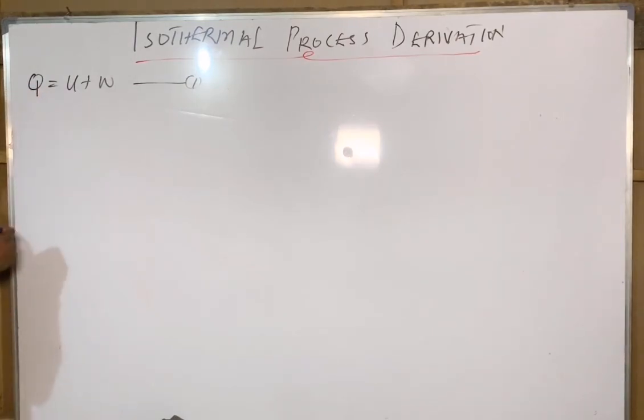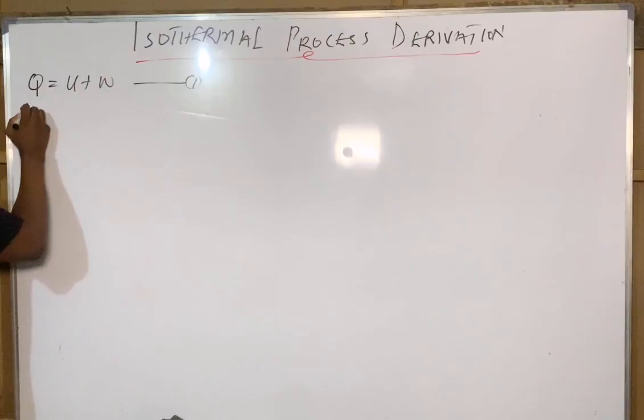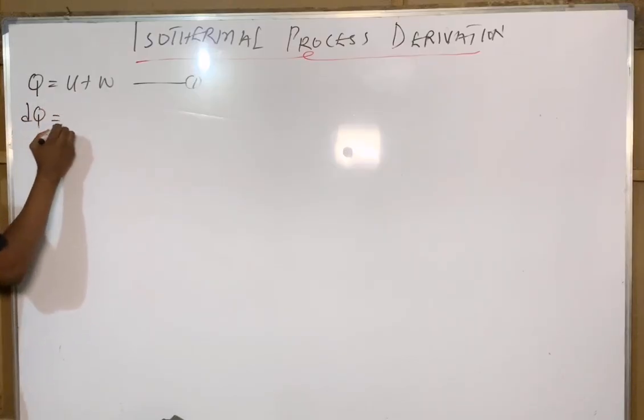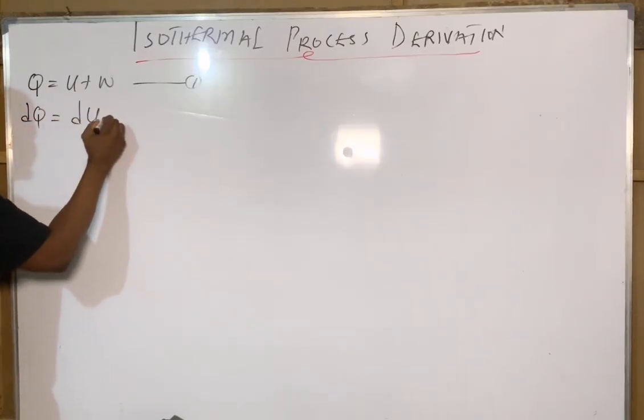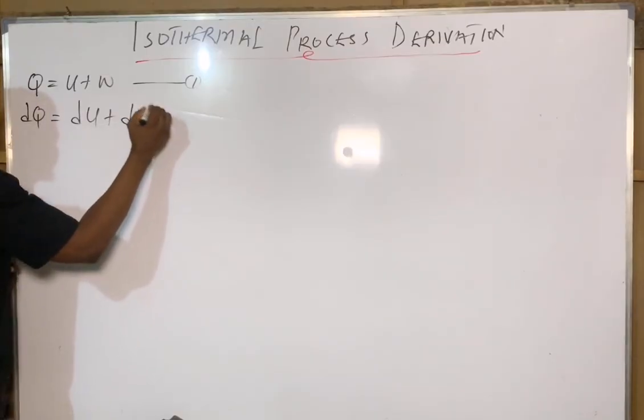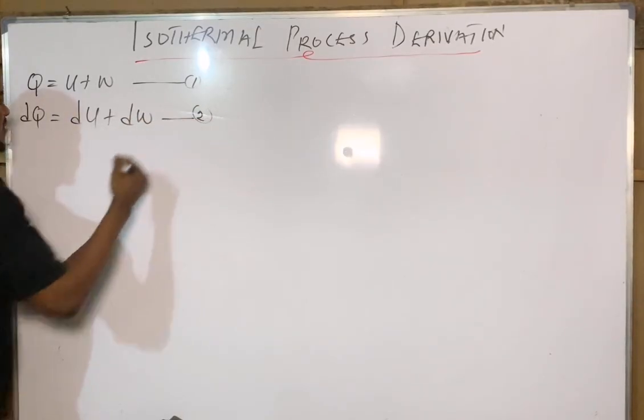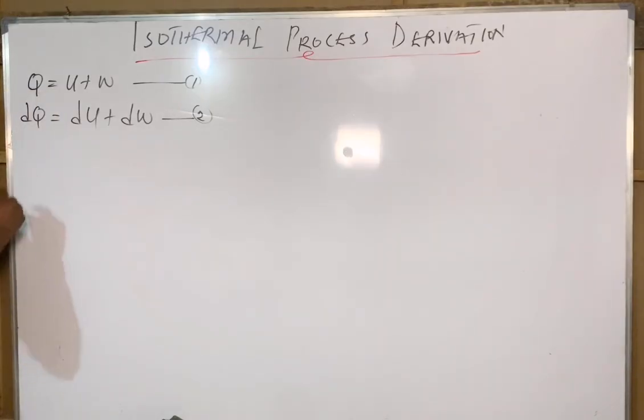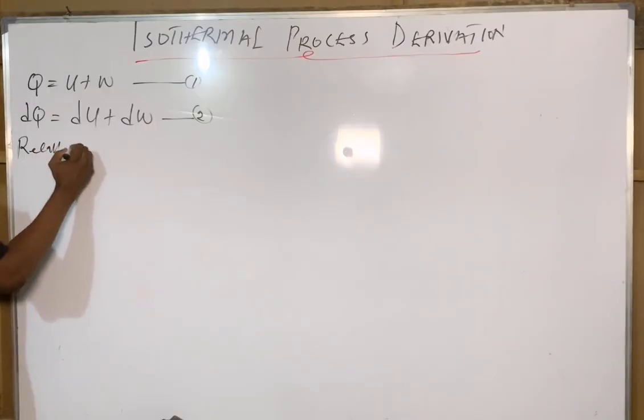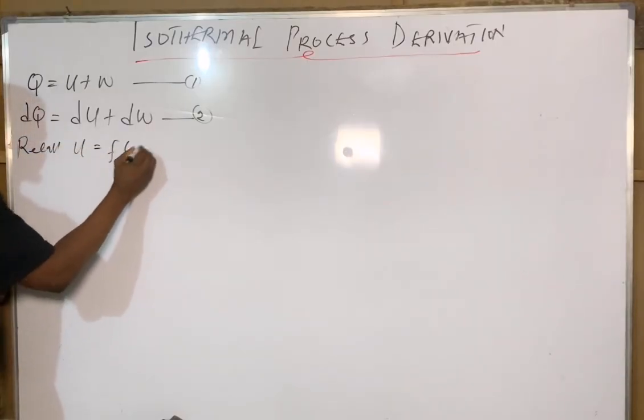Now, if we differentiate this, dQ is going to be equal to dU plus dW. Let's call this equation 2. Now, you recall internal energy itself is a function of temperature.